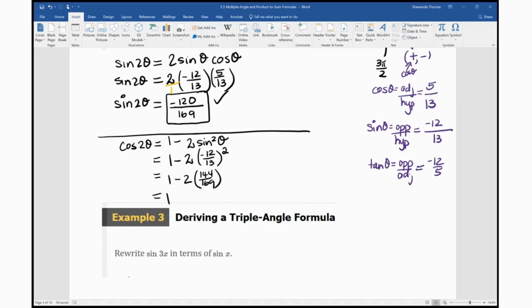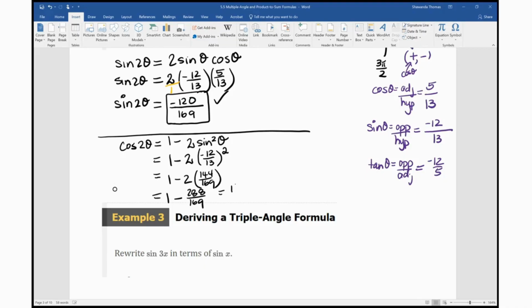So that's 1 minus, what is 2 times 144 over 169? 288 over 169. Then we got to subtract 1 minus 288 over 169.